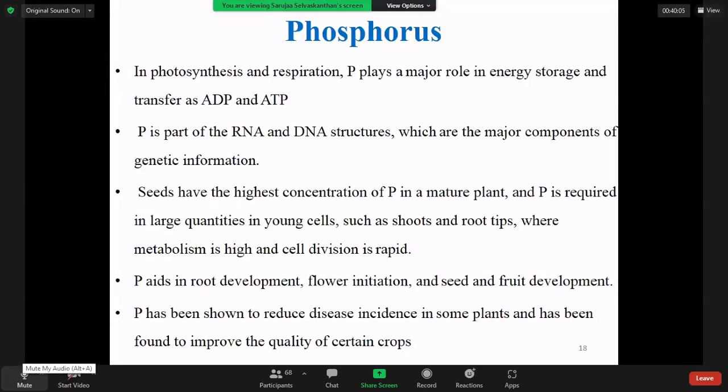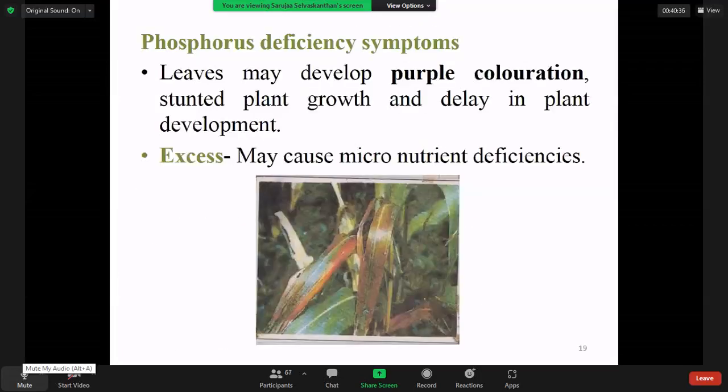Seeds have the highest concentrations of P in a mature plant, and phosphorus is required in large quantity in younger cells, such as shoots and root tips, because those places have a higher rate of cell division, since they are the growing parts. Phosphorus is also needed for root development, flower initiation, and seed and fruit development. These are the functions of phosphorus.